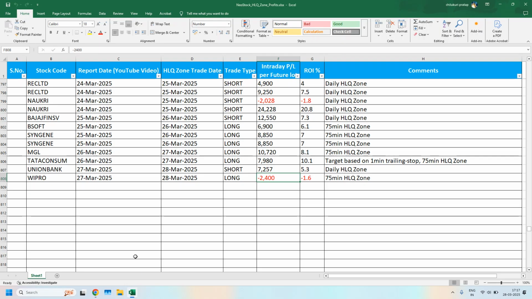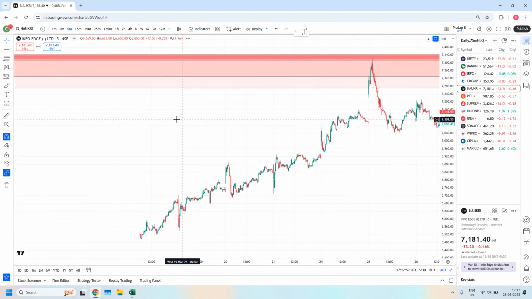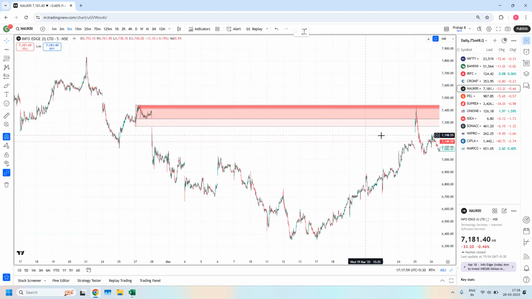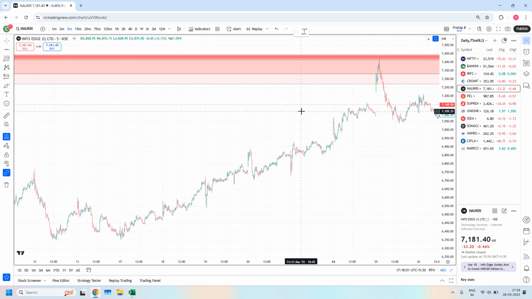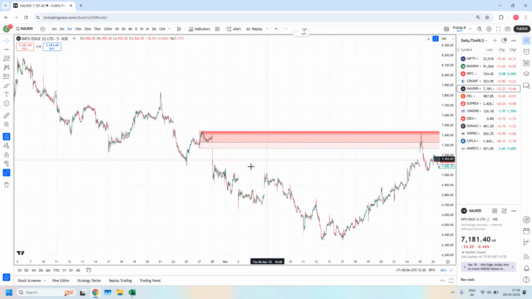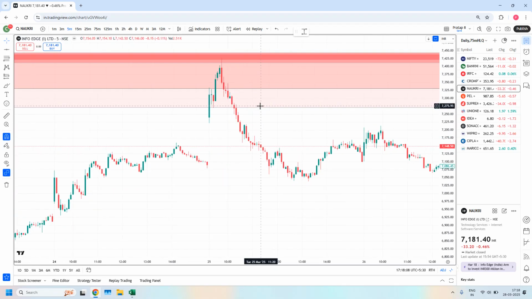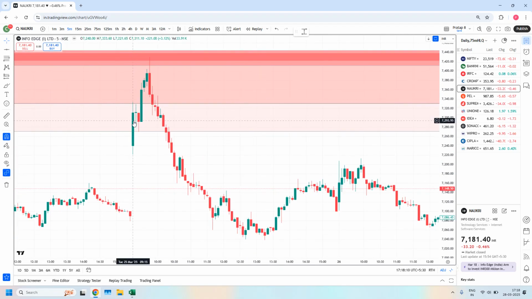But is there a 25th March Naukri? The 24th March Naukri is there. I think there were some order flows below, and maybe those order flows gave it. Or maybe a different zone, but whatever it is, maybe it is far away from the zone and our software might not have listed it. But see how it entered exactly the fine-tuned area and came down sharply.